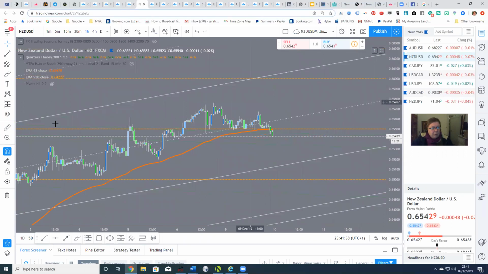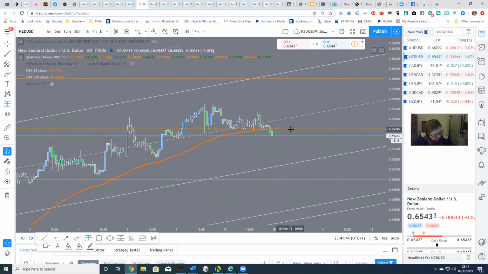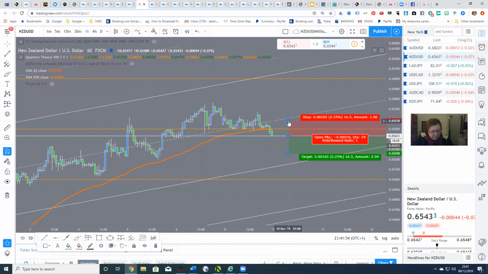So we go to the icons on the left. We know we've got a short position. We want to sell it at around 0.6555. Price has already moved down, so I'm going to have to move price down. Our stop loss is 6595.